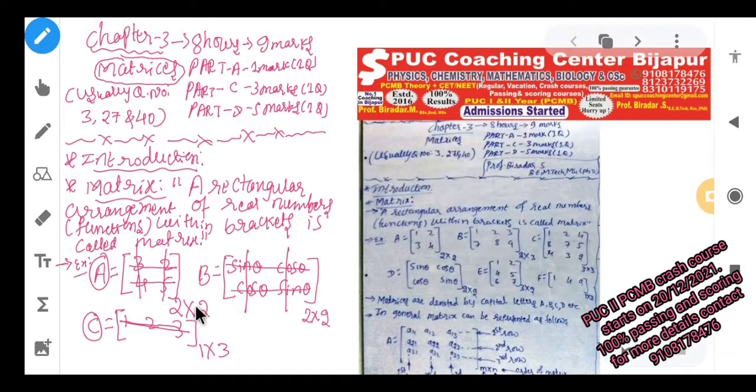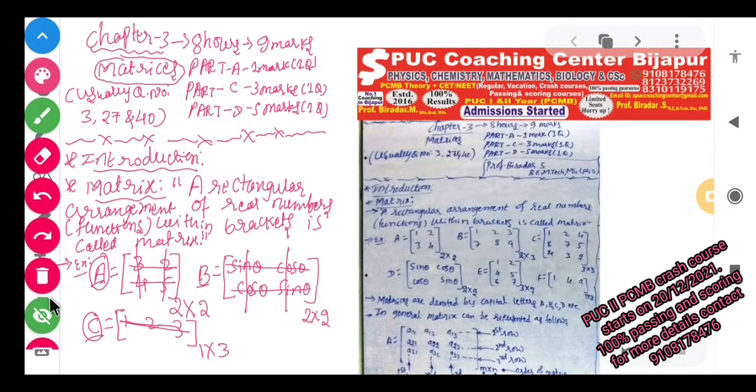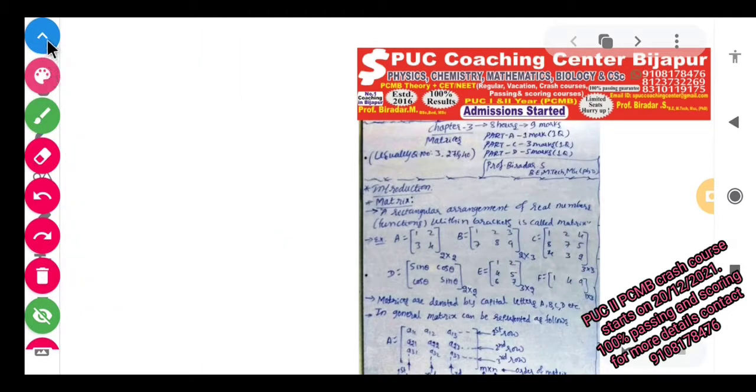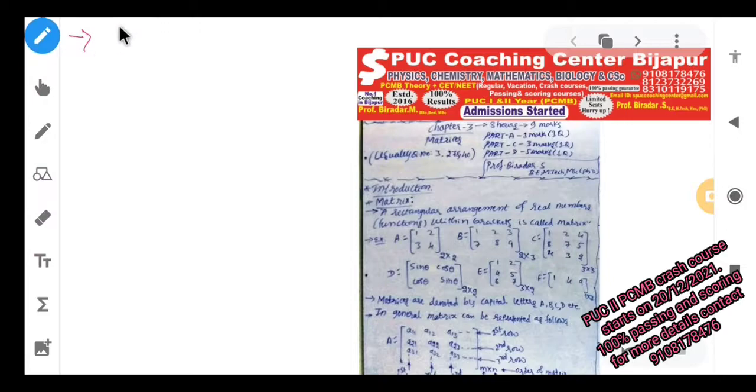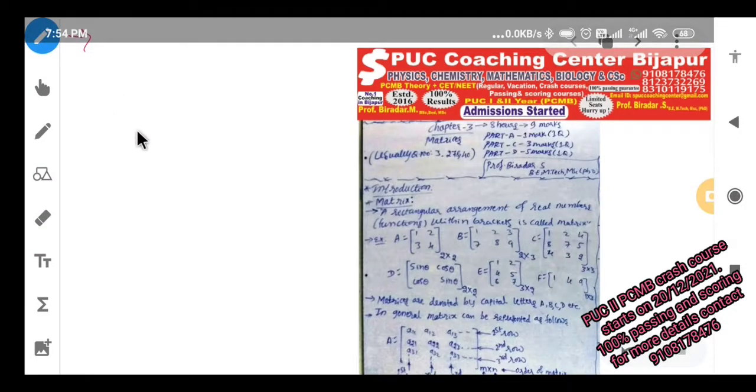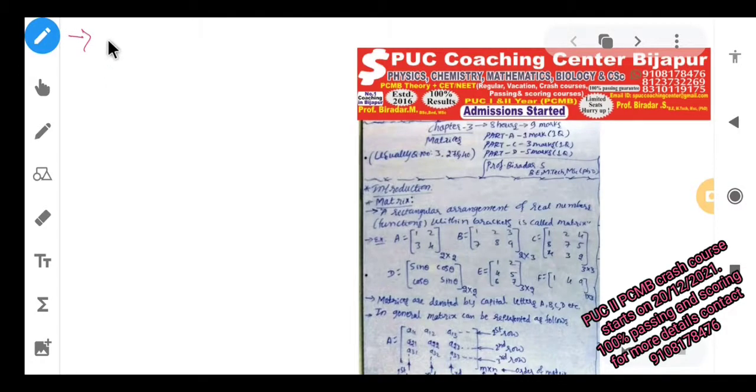So let us see the next point, as we mentioned here, capital letters for the naming of each matrix. So we are always going to use capital letters such as A, B, C, D and so on for the naming of each matrix. Let us see the next point. Matrices, that is plural, matrix is singular.